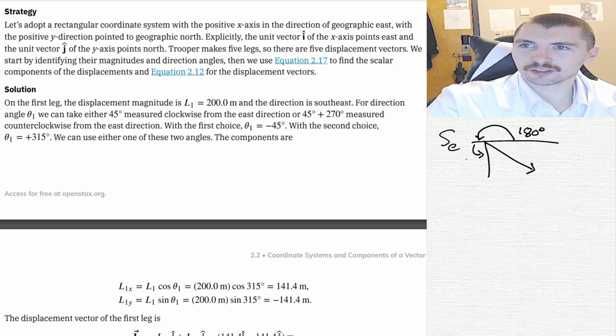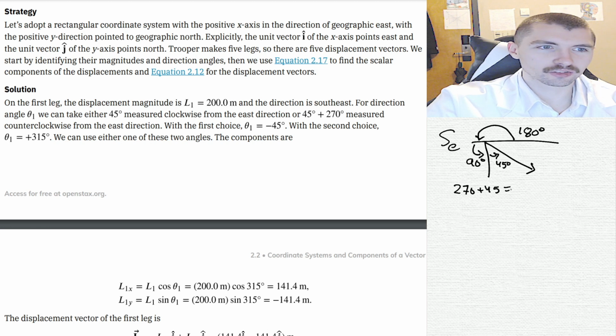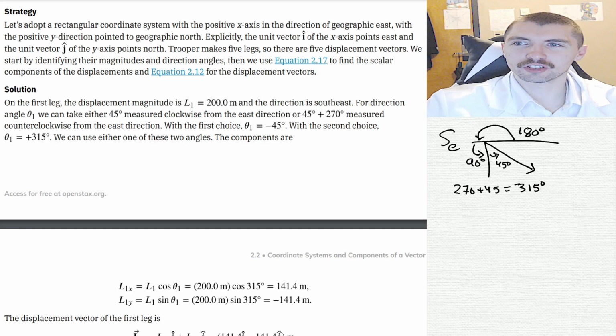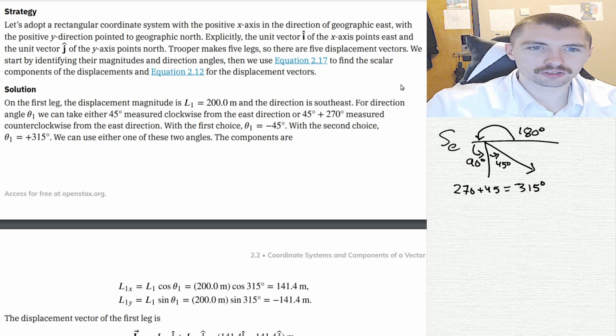Here, that's 90 degrees more, so you're at 270 degrees. Whatever this is, that's 45 degrees, right? So it's 270 plus 45. Is that what he got? Yes, so 315 degrees. He's basically saying southeast is 315 degrees.